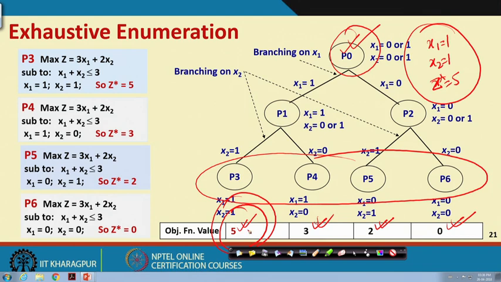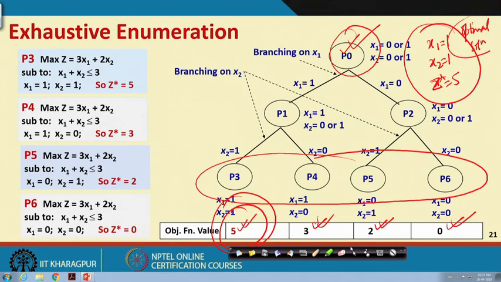P 3 is one of the cases of all possible enumerations and the solution of P 3 comes out to be best. So, that is the optimal solution for our original problem, that is P 0. I hope you understood. That is how by exhaustive enumeration we can solve such problems.